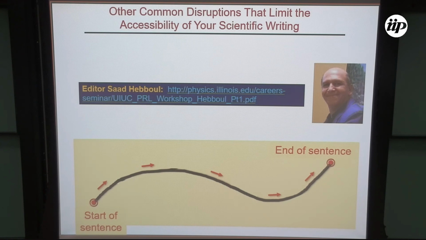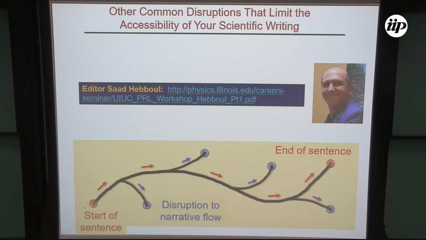So it disrupts the narrative flow. And this happens even within a sentence. So you can take this river analogy and say, at the start of the sentence, I'm going along smoothly. I get to the end of the sentence, you understand it, it's an idea. But there are these disruptions that cause me to stop and have to reread something instead of trying to understand what the writer is trying to say.